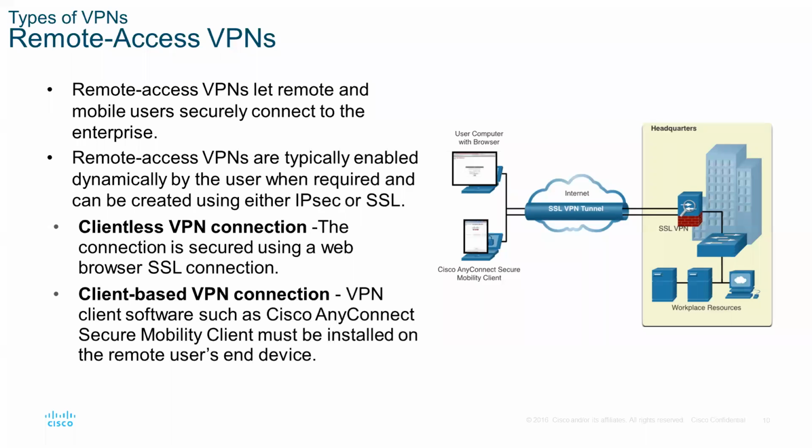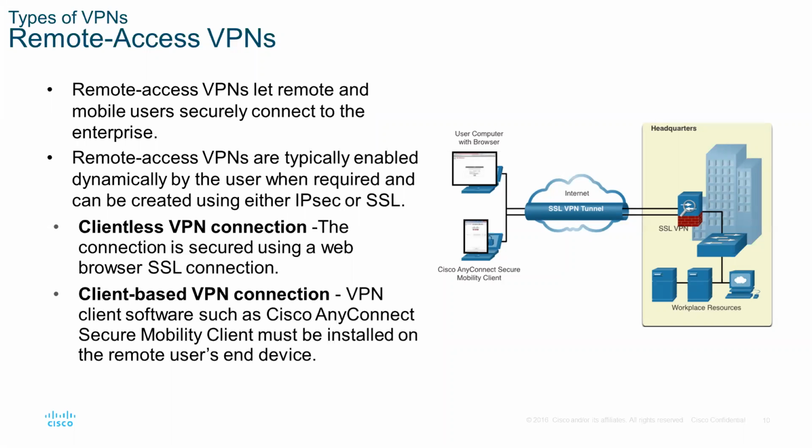So how does it all work? Remote access is typically enabled by the user creating the tunnel. I keep referring to it as a tunnel because that's what these technologies do. They create a secure tunnel for our traffic to travel through. So the client creates the VPN connection.